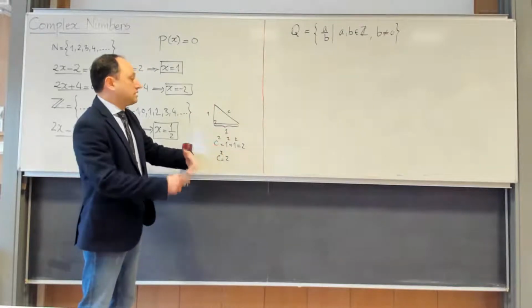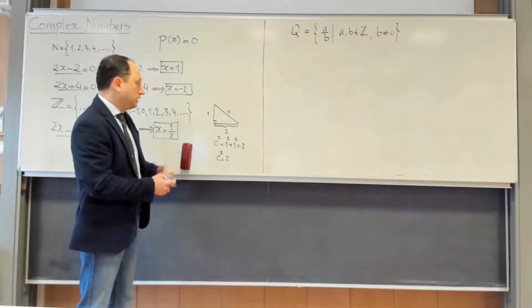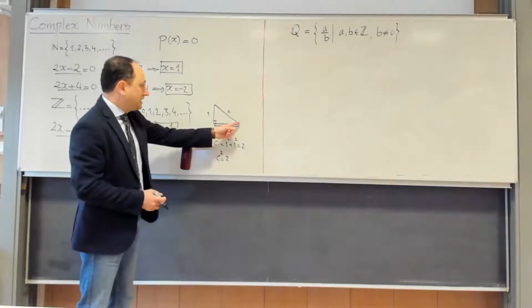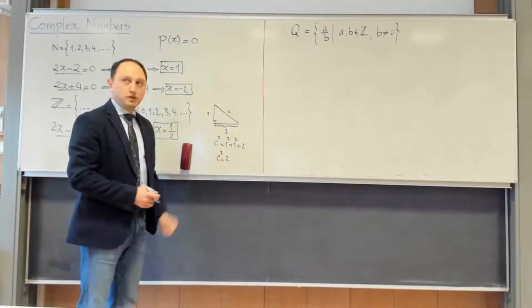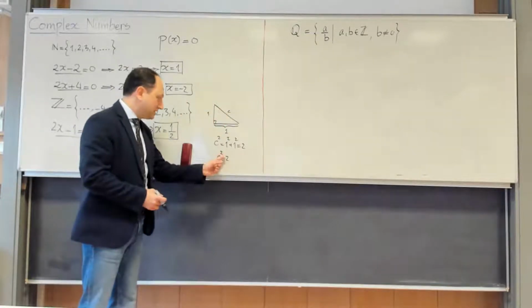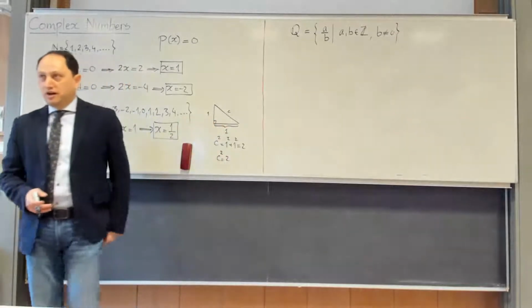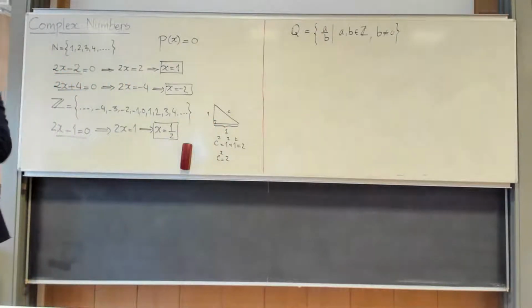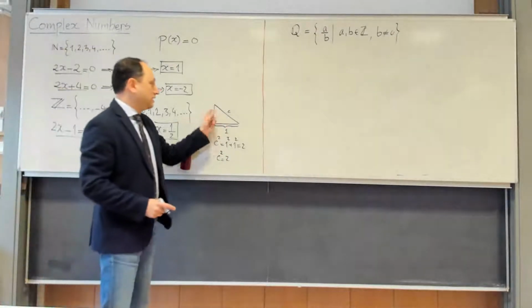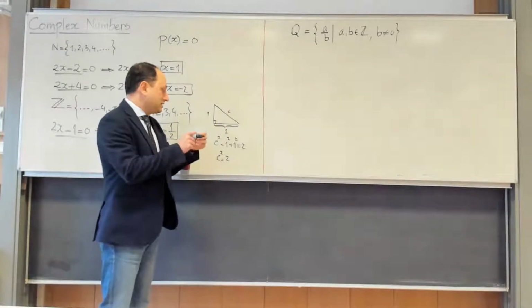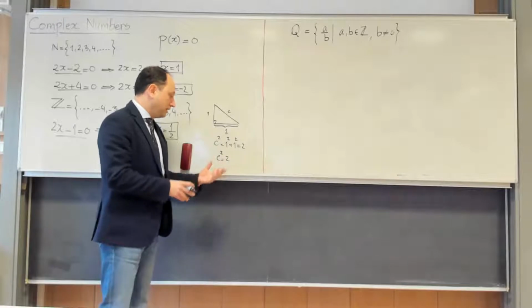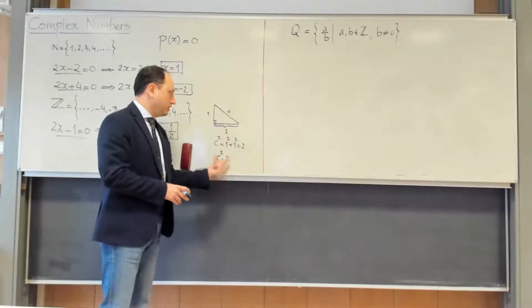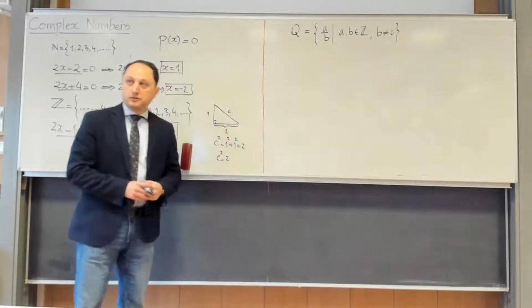According to Pythagoras' theorem, which was already proven, this length should be a number so that when I square it, it becomes 2. So the existence of such a number is in front of our eyes. We have that line segment whose length is such that when I square that length, it becomes 2. So on the one hand, the existence of such a number is clear from this geometric picture.